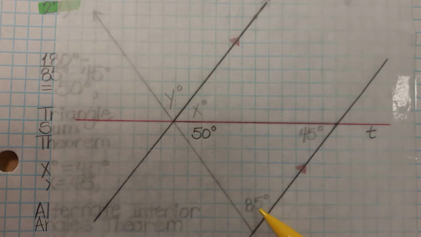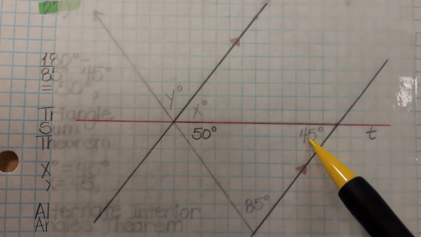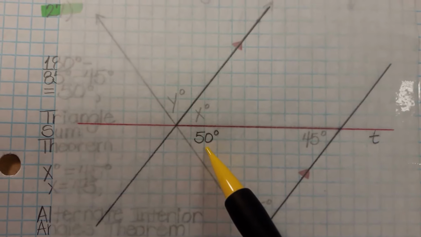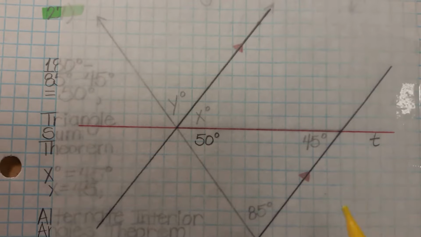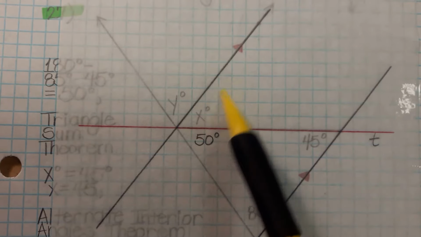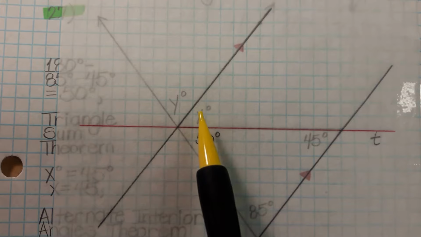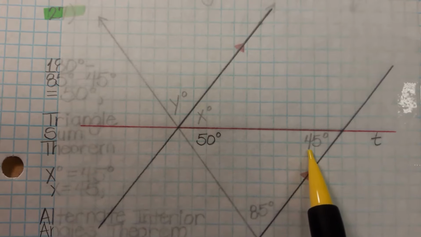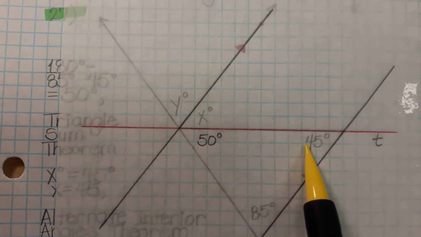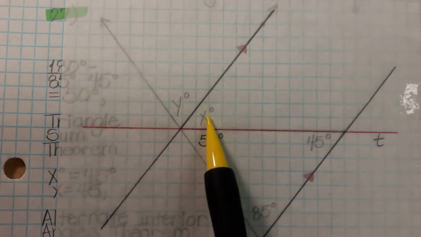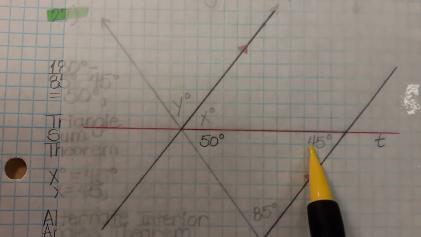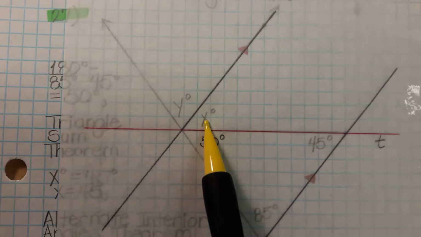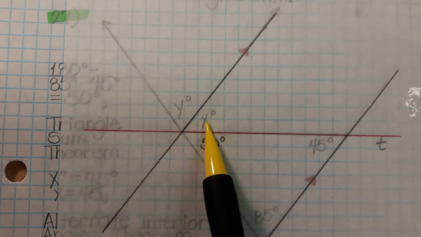If I say 180 minus 85 minus 45, I should get 50 for this angle here. Now, if I look at this diagram, I can see that these are alternate interior angles, which means they are congruent. So if this angle is 45, that means angle x is also 45 degrees.